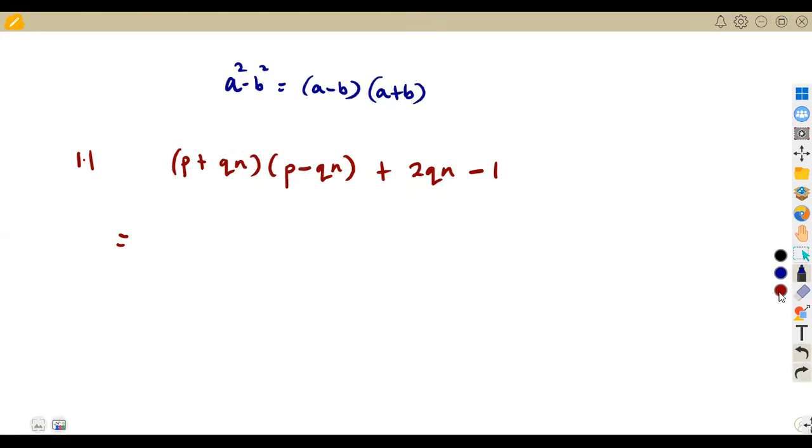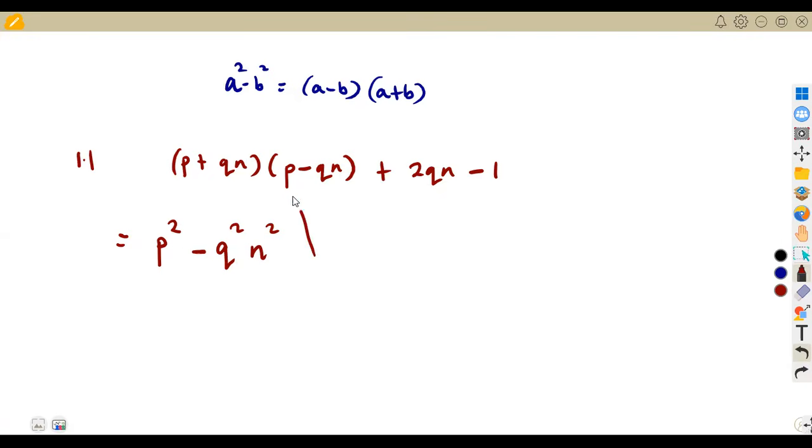So before it was going to be p squared minus, we squared this part, just like what we had with a and b. So it's going to be q squared n squared. All right, so this was our difference of 2 squares that we had to expand, okay?